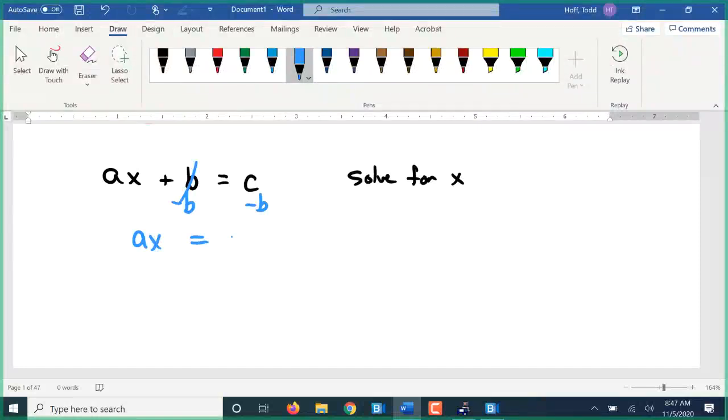C minus B is just going to have to be left as C minus B. And then I do still have to divide by A to get rid of the A. So that gets X by itself. C minus B divided by A is just going to be left as that fraction, C minus B all over A.